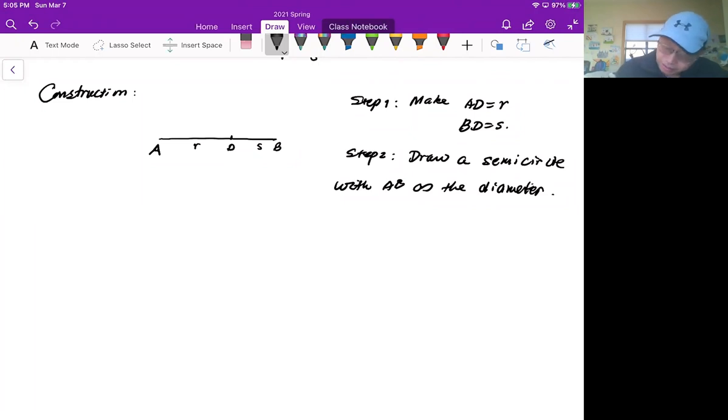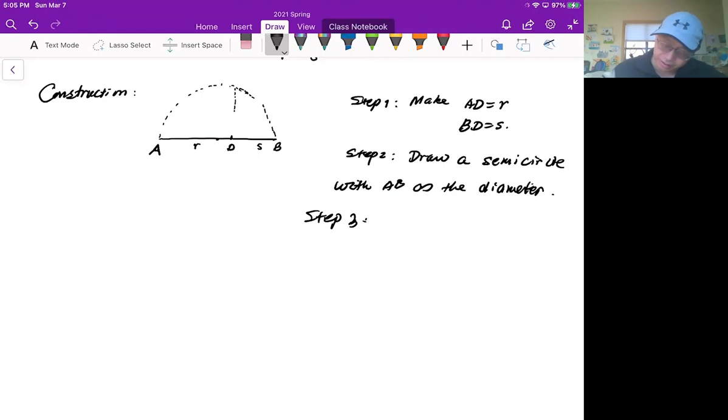So suppose this is the midpoint here, and then I can get my semicircle somewhere here. So let me draw my semicircle. All right, I get my semicircle here. And now, after I get my semicircle, step three is that you can draw a perpendicular line.